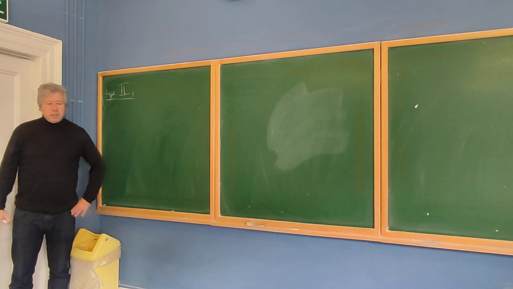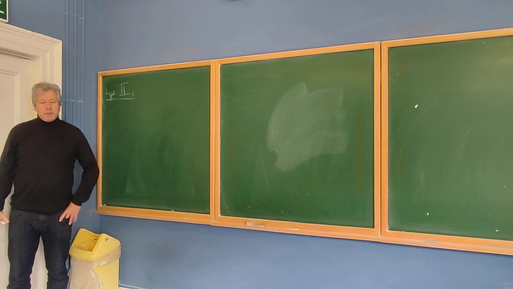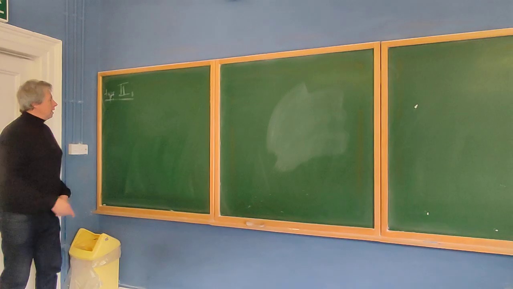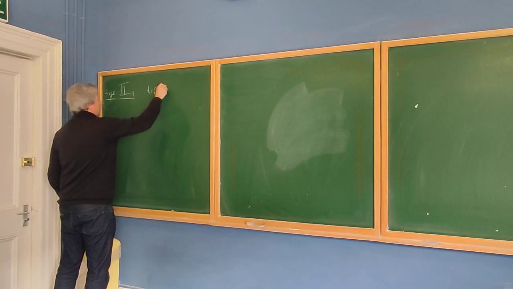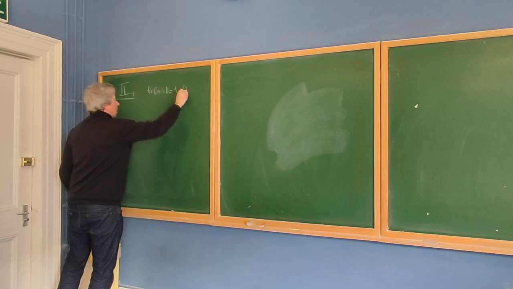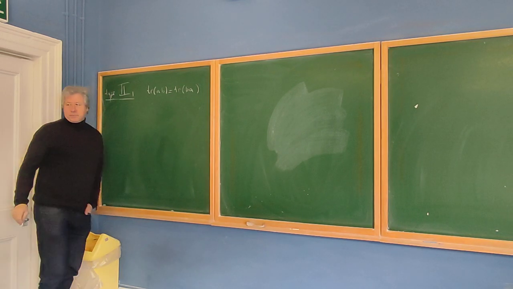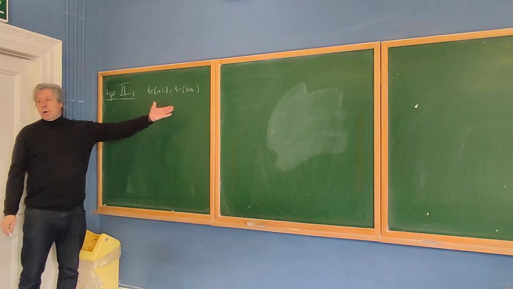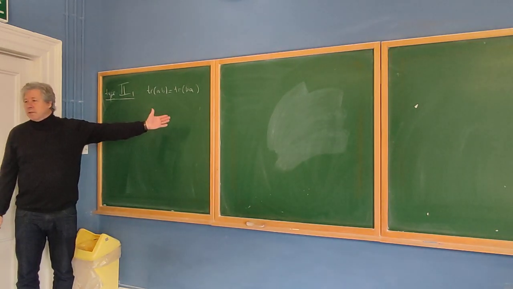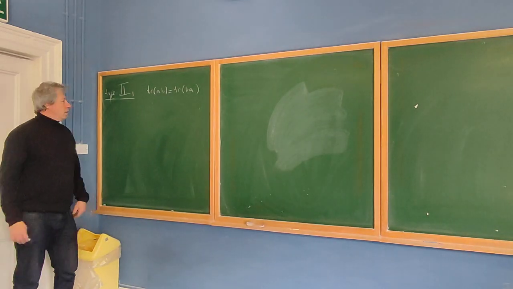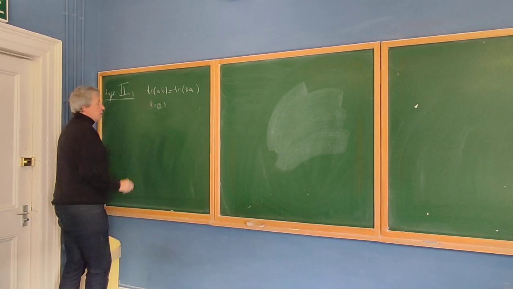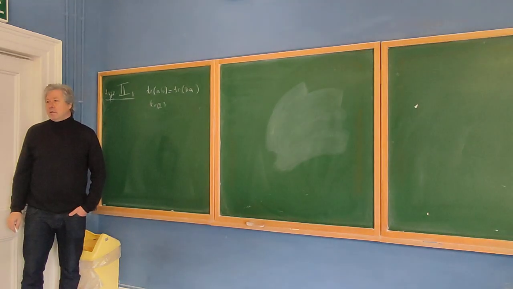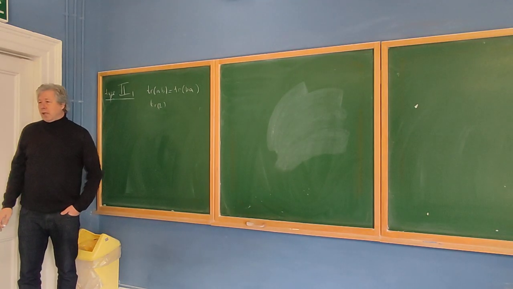Anyway, the trace indeed is not unique in the following sense. If I have a trace, its defining relation is that it has to be cyclic. But any multiple of a trace is also a trace. And in this case, the trace of the identity is indeed defined, but only up to rescaling.